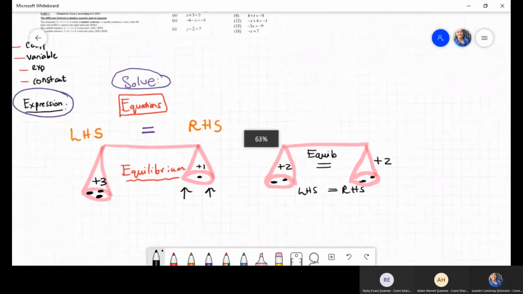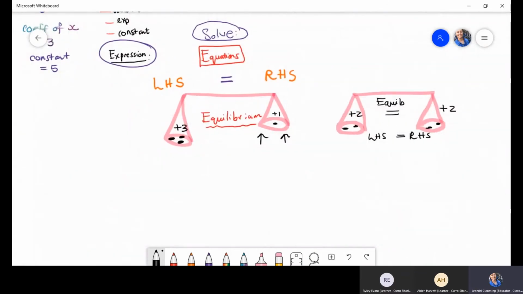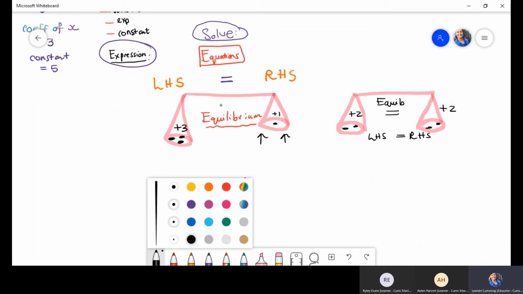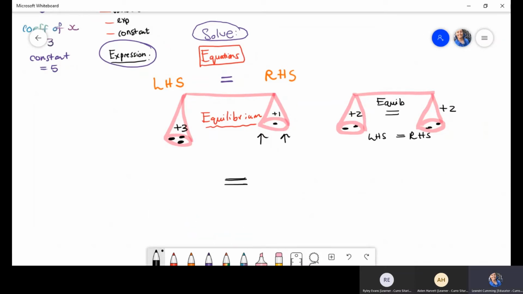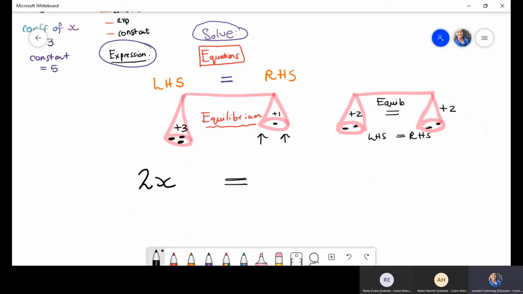So this concept of working over the equal sign is such an important concept because it paves the way for all your algebraic expressions further. Now what I'm going to do is I'm going to write down an expression, but I'm going to insert it into my equation.